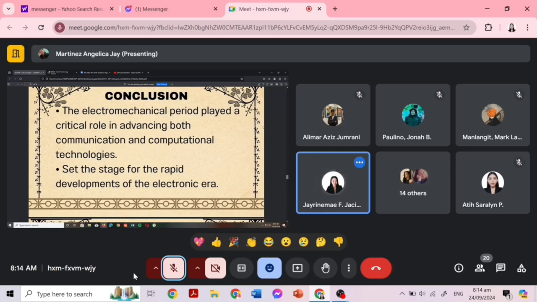It set the stage for the rapid development of the electronic era. The progress made during the electromechanical period created a foundation for the fast growth of modern electronics like computers and communication devices. So that's all.